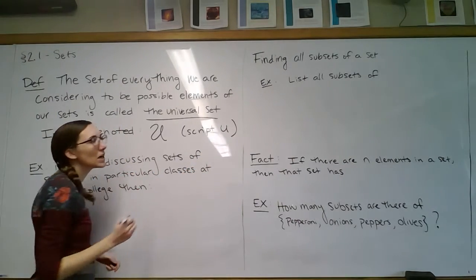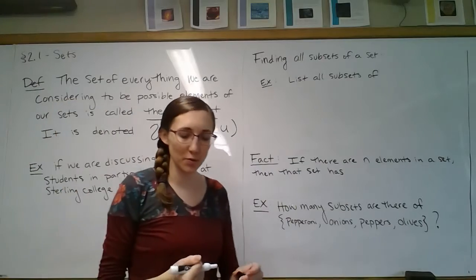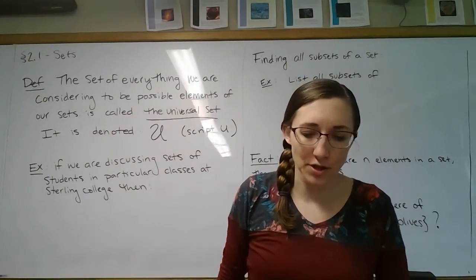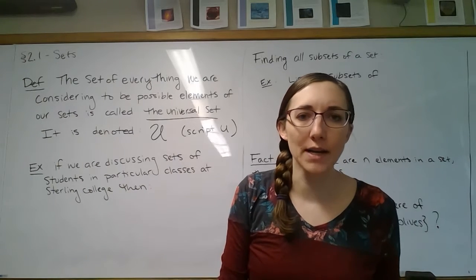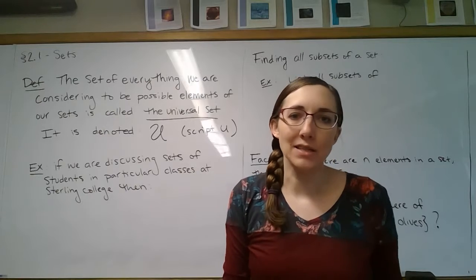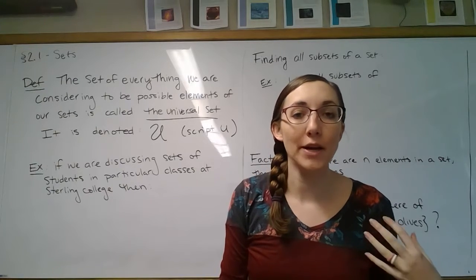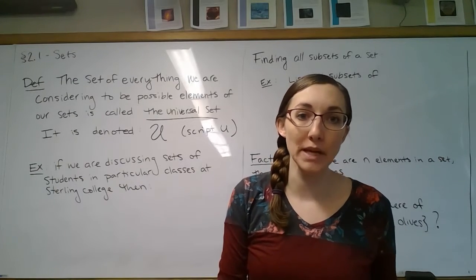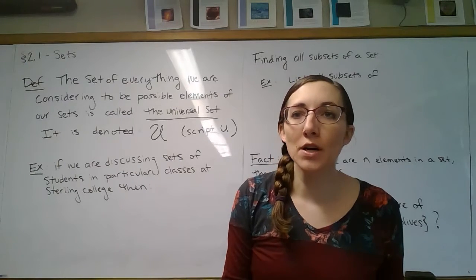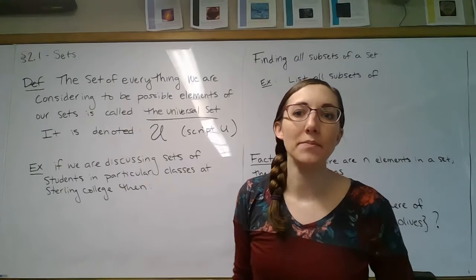And sometimes an example helps when we're thinking about this. So maybe you're talking about situations where everything I'm considering are all positive whole numbers. Then my universal set would be the counting numbers. A somewhat more real world example would be something like this.